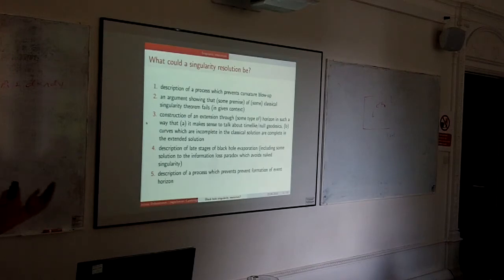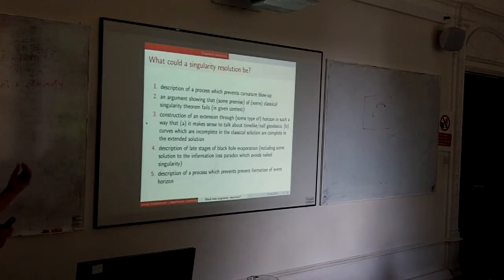But if you look at some particular context, such as the context of black hole spacetimes, singularity resolution could simply amount to some description of late stages of black hole evaporation, assuming that black holes evaporate, and I assume that for the time being. And this description of late stages of evaporation should contain some solution to the information loss paradox, which is not just that black holes fully evaporate and we're left with a naked singularity.